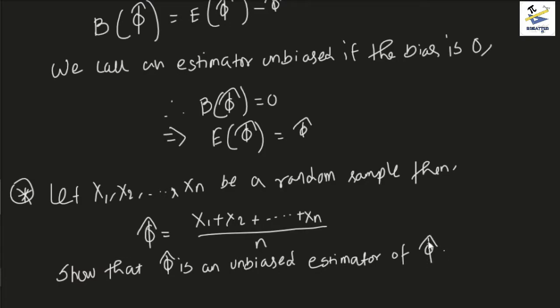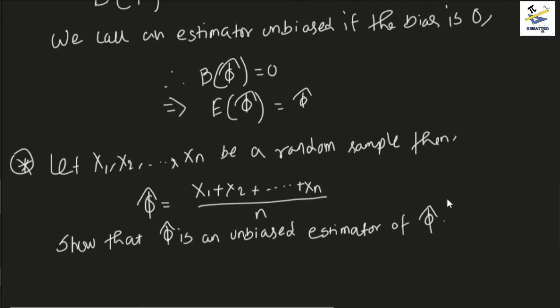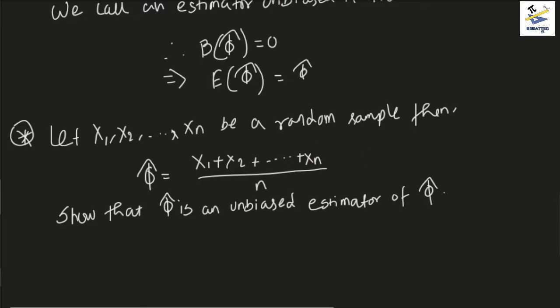So that is the question, we need to show that it is an unbiased estimator of theta equals E of Xi. The parameter is theta, which is equal to E of Xi for every i, right? So how do we show that?